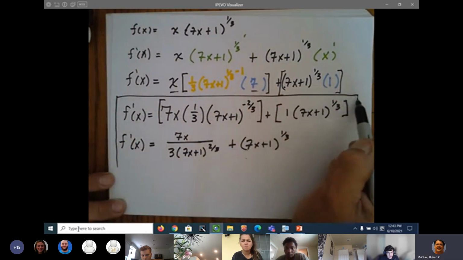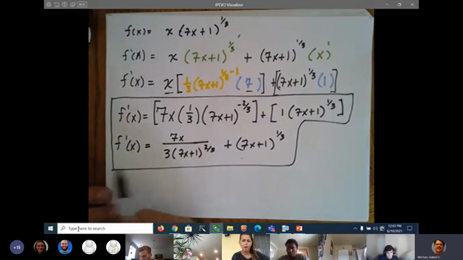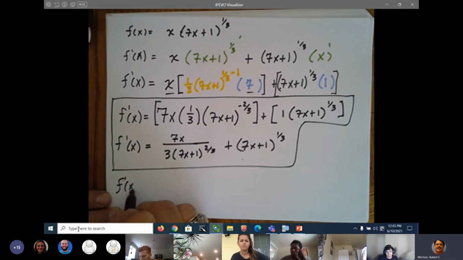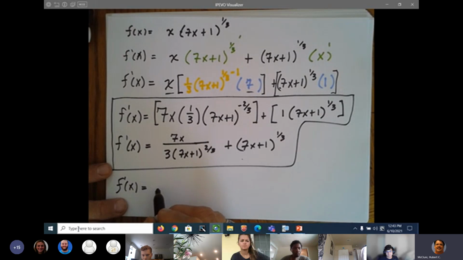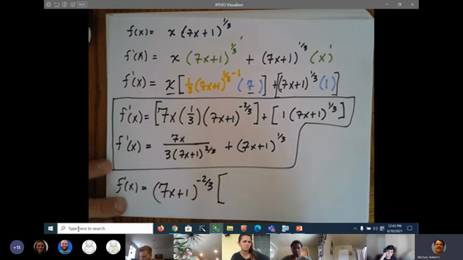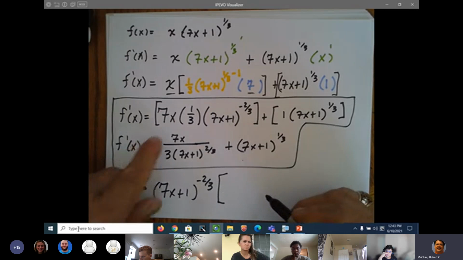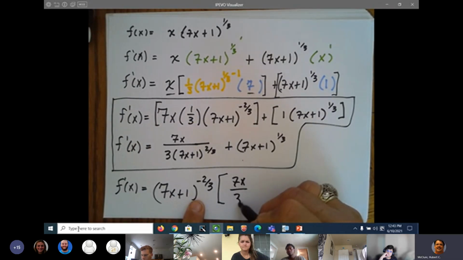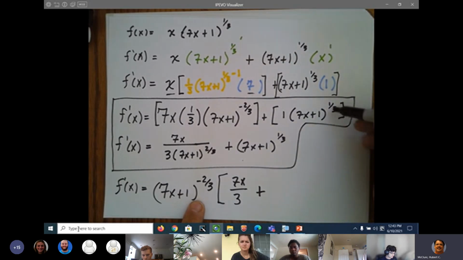I mean, you could take it down further, but let me put a third one. f prime of x is equal to, I'm going to factor out a 7x plus 1 to the negative 2/3. That will give me 7x over 3 plus, and 1/3 minus the negative 2/3 is 3/3, right?